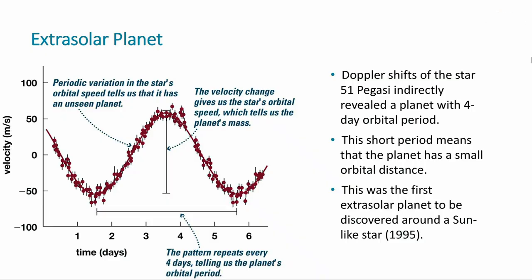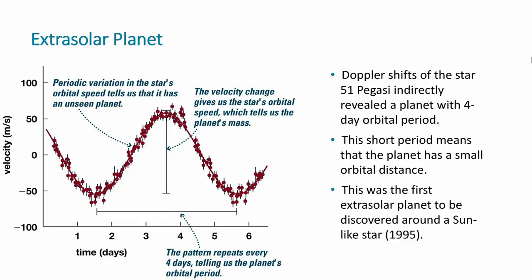So now that you've collected all of that velocity data, this is over the course of a week for the star, if you plot the velocity of the star over time, you might get a graph that looks like this. So what's happening is, as the star is orbiting around the center of mass of the system, sometimes it has no Doppler shift, sometimes it has a maximum Doppler shift of -50 or +50.